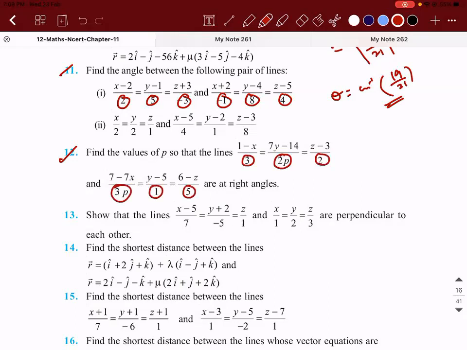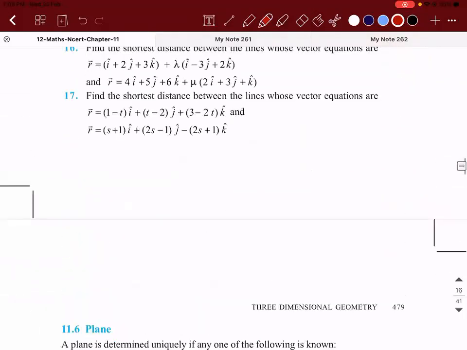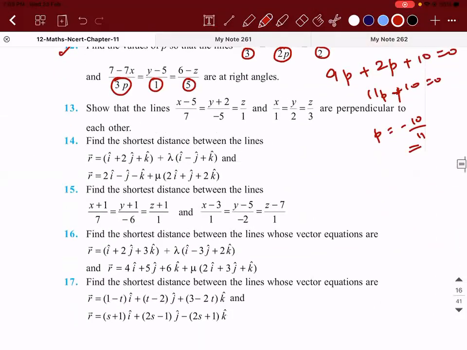If they are perpendicular, then what is the condition? 9P plus 2P plus 10 should be equal to 0. So 11P plus 10 should be equal to 0, and P should be equal to minus 10 divided by 11. Right? So the remaining problems also you can do.